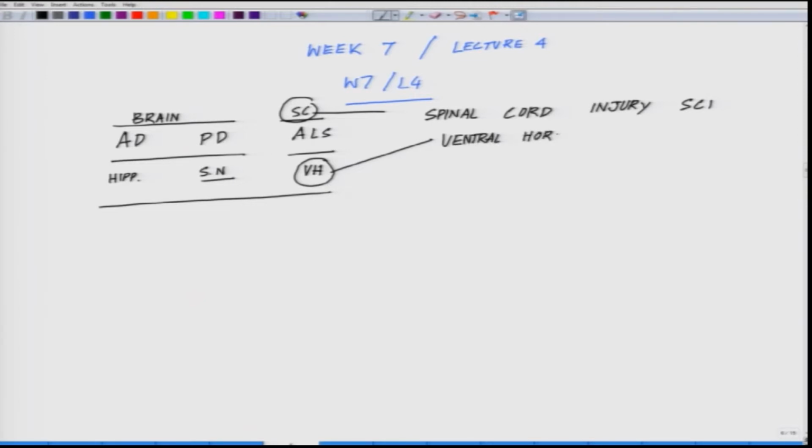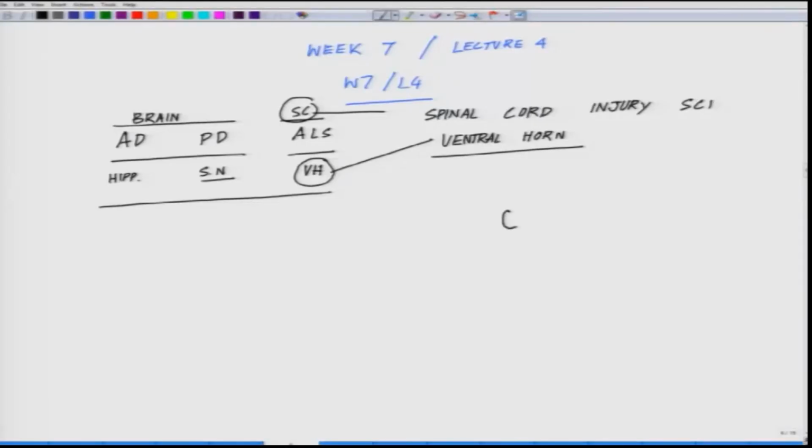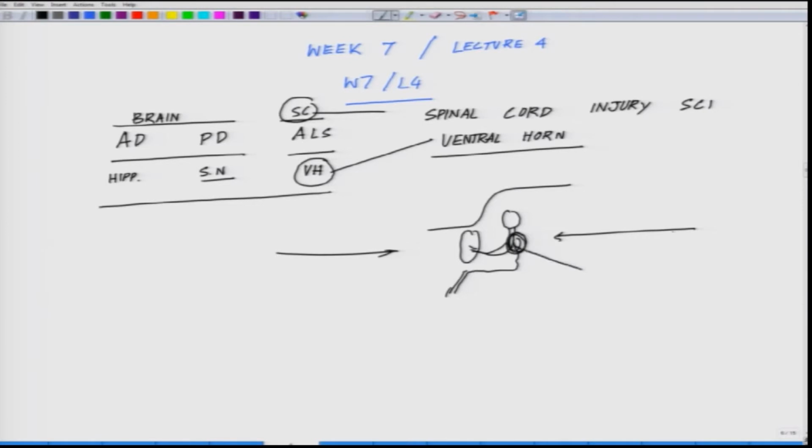mostly because of high speed driving and the severe impact which happens during accidents. For example, think of a person sitting in a car and driving a vehicle like this. Whenever the impact comes, either a hit from the back or a hit in the front, this part of the body is the one which gets the maximum impact.